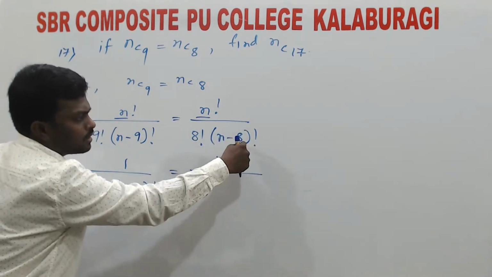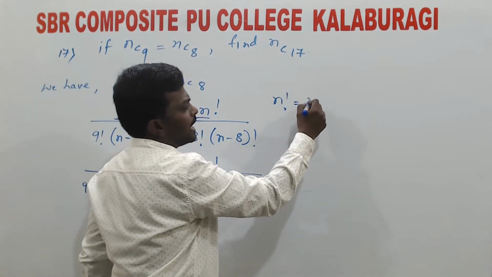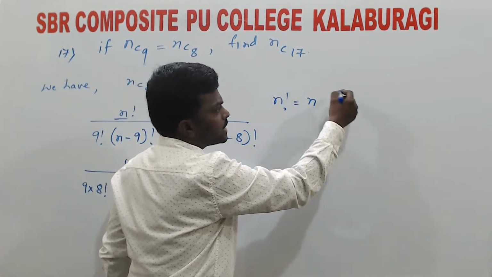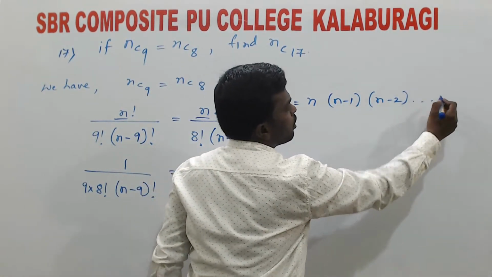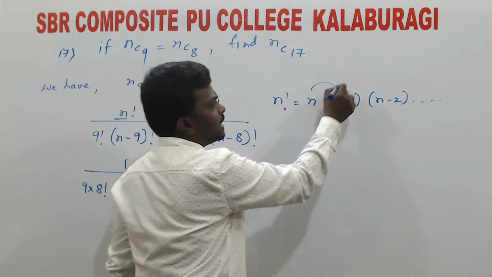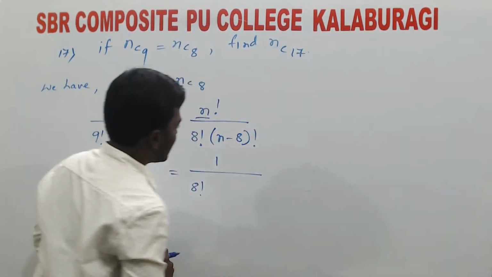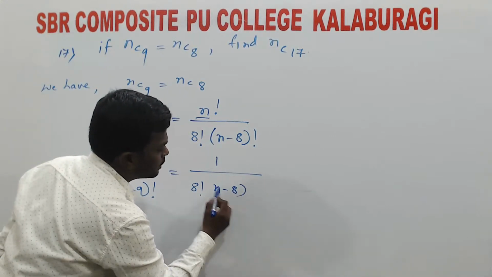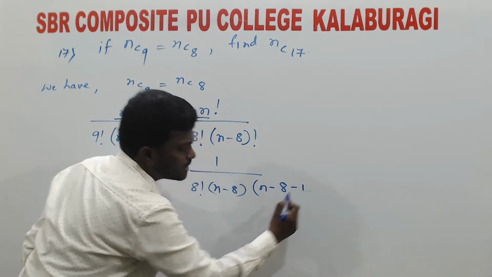Now apply the definition of factorial. What is n factorial? n factorial is n, the next will be n minus 1, n minus 2, and so on up to 3, 2, 1. It is getting reduced by 1. So can I write (n minus 8) factorial as (n minus 8) into (n minus 8 minus 1) factorial?